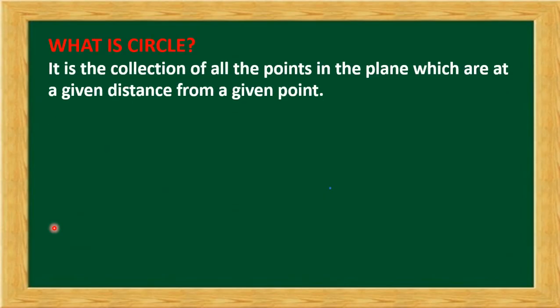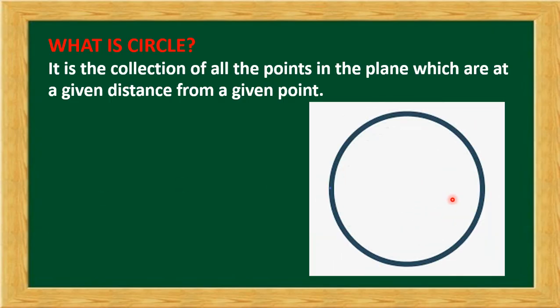So what is the meaning of circle? As we know, a circle is a collection of all the points in the plane which are at a given distance from a given point. If this is the given point and we take a point here, the distance between these two points is the same.